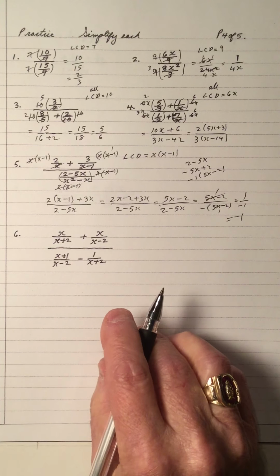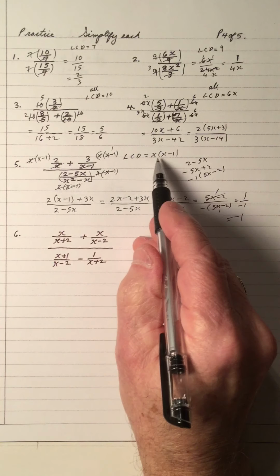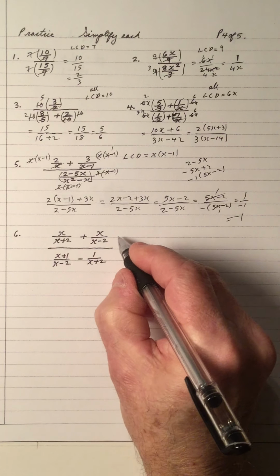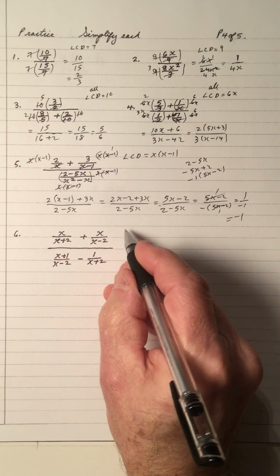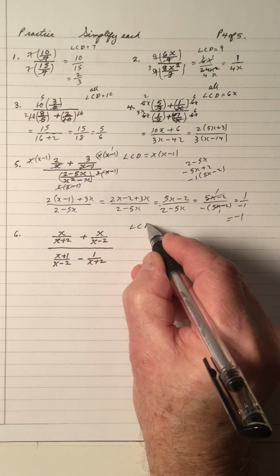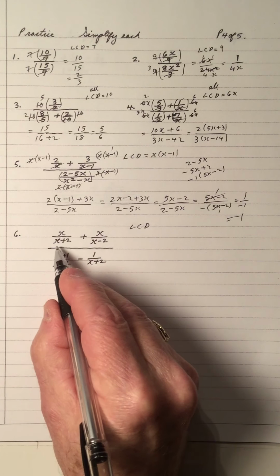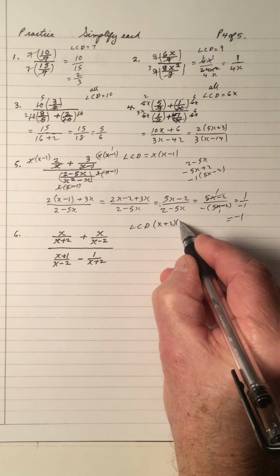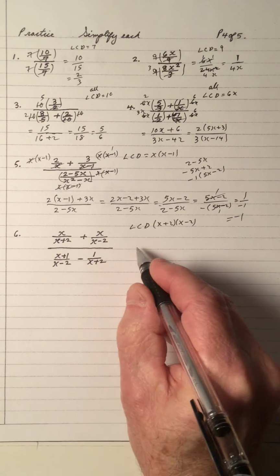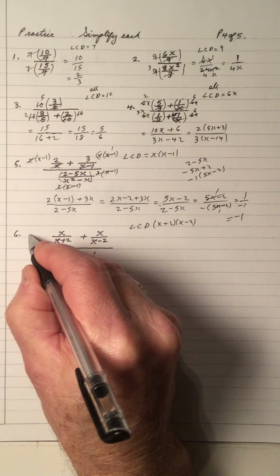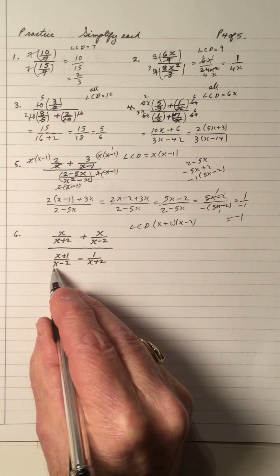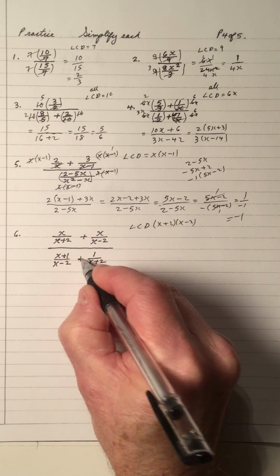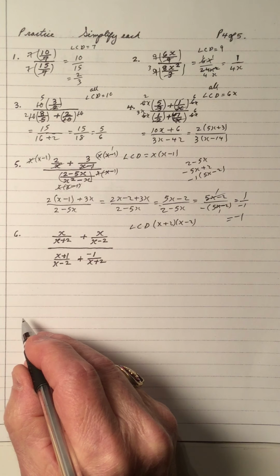Number 6. So again, you need the LCD and multiply by all fractions. So the LCD for number 6 is x plus 2, x minus 2. But we got to add on the opposite. Add on negative x.